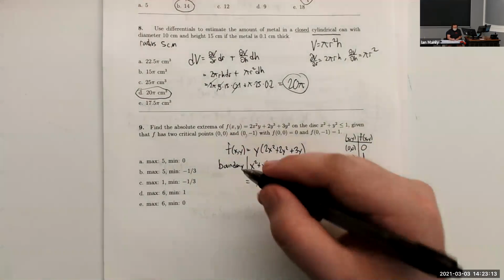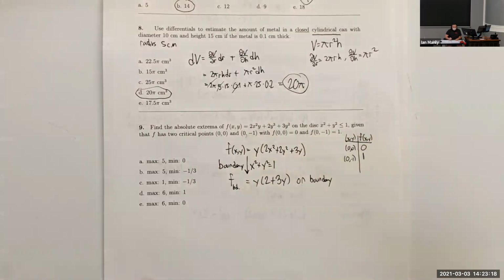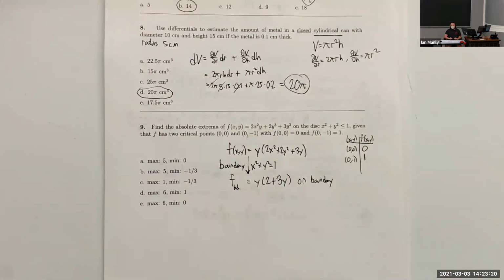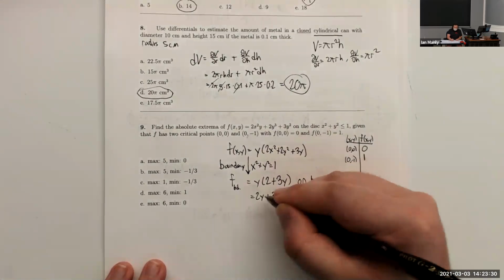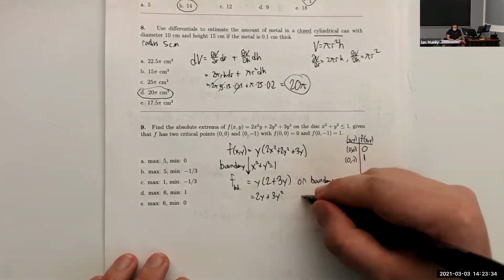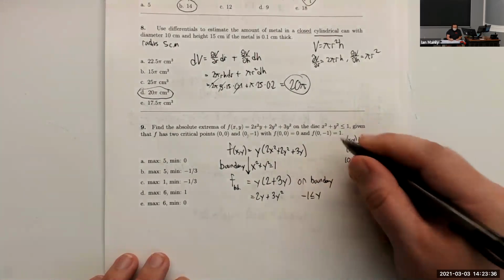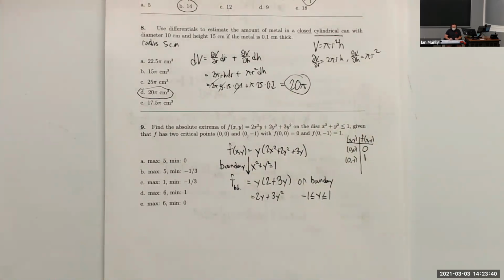All right, so that means that this is my function on the boundary right here, and it only depends on y. So remember, I want to find the maximum and minima on the boundary, and I have a function of one variable. So that means we just return to Calc 1, and we find the extreme values with this function. And now what are the limits on y? Well, since we're on the unit circle, y is going to be anywhere from -1 to 1.